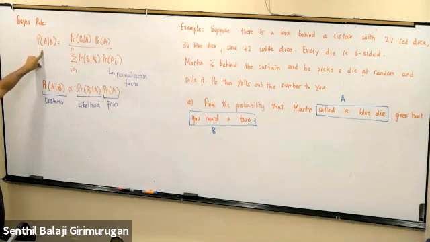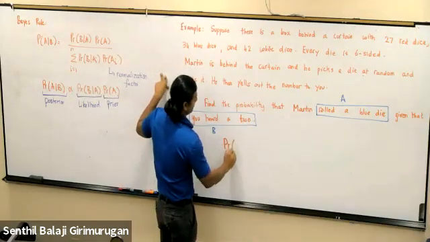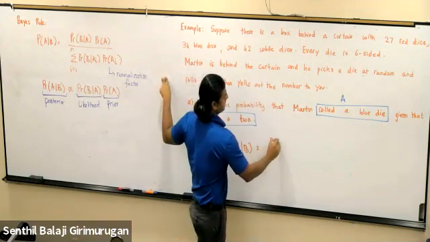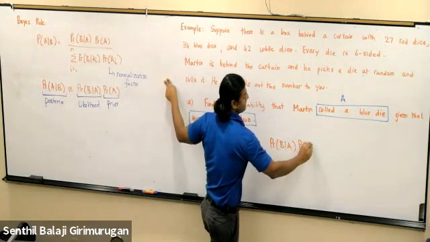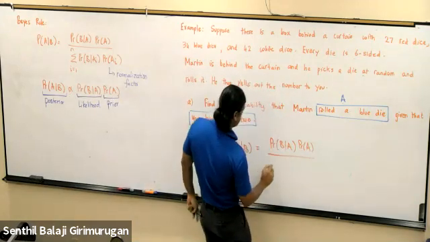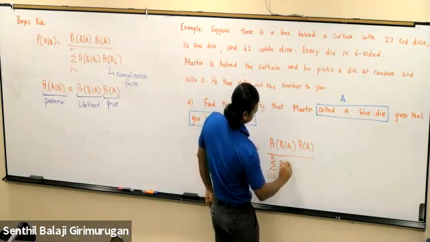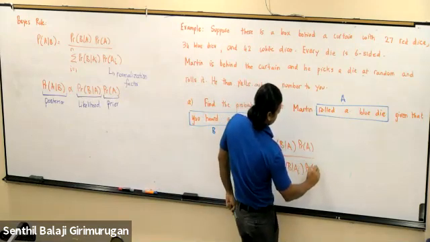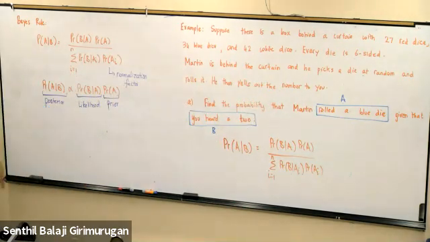We know Bayes' rule states that probability of A given B is equal to probability of B given A multiplied by the probability of A, divided by the sum from i equals 1 to n of probability of B given A_i multiplied by probability of A_i.